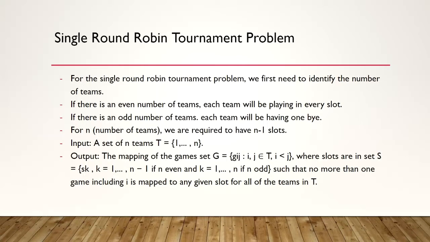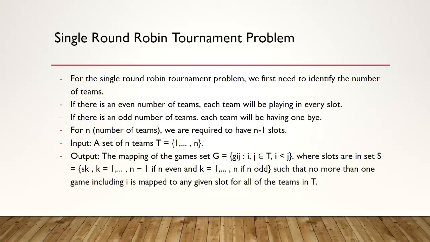Our input will be a set of n teams, where t equals 1 to n. And the output will be the mapping of the games set, where G equals G of ij, where lowercase g is the game, and i and j are the numbers of the teams. Obviously, i and j are contained in the set T, where i is always less than j.